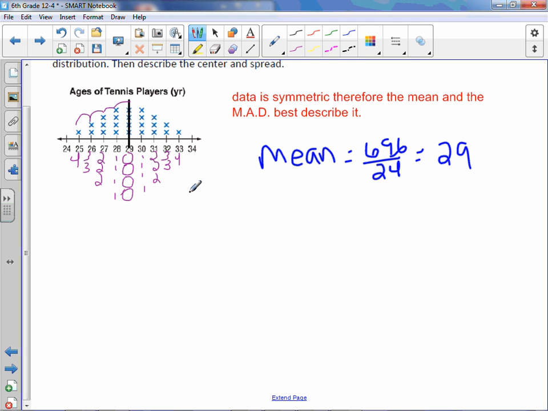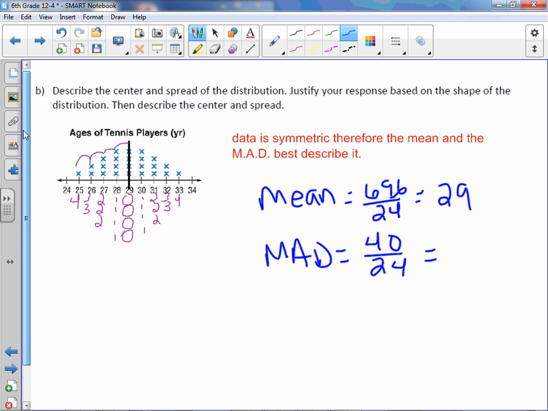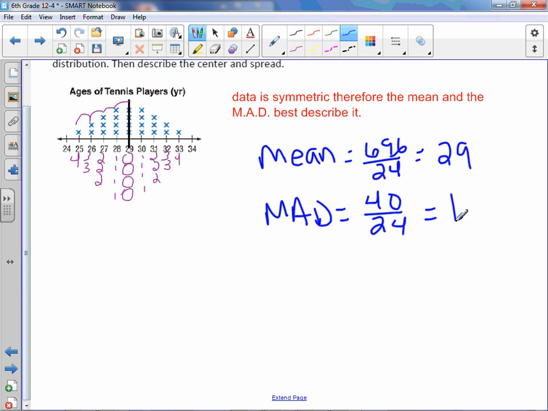And again, divide that by the 24 numbers that we have. So the mean absolute deviation is 40 divided by 24. Let's round to the nearest tenths place. We get 1.7.